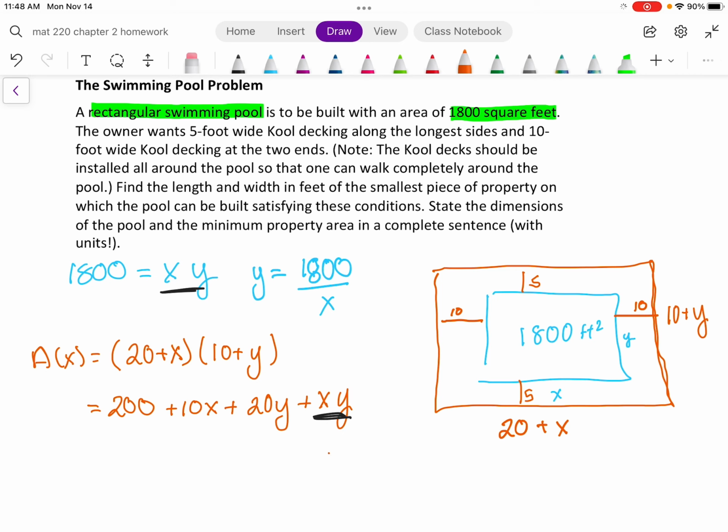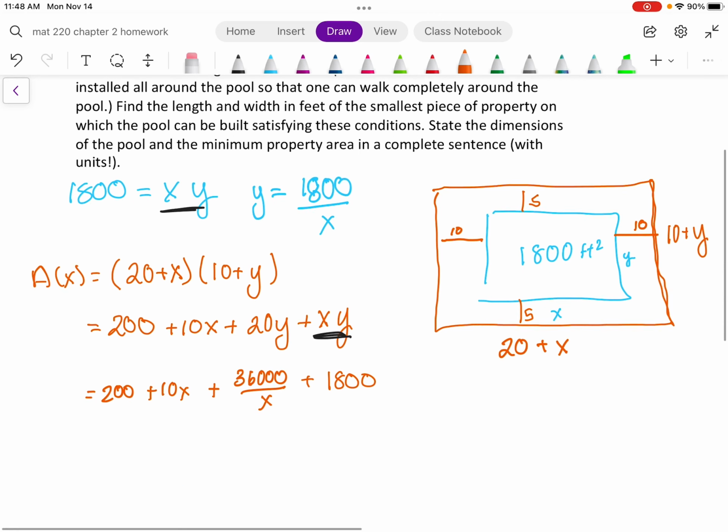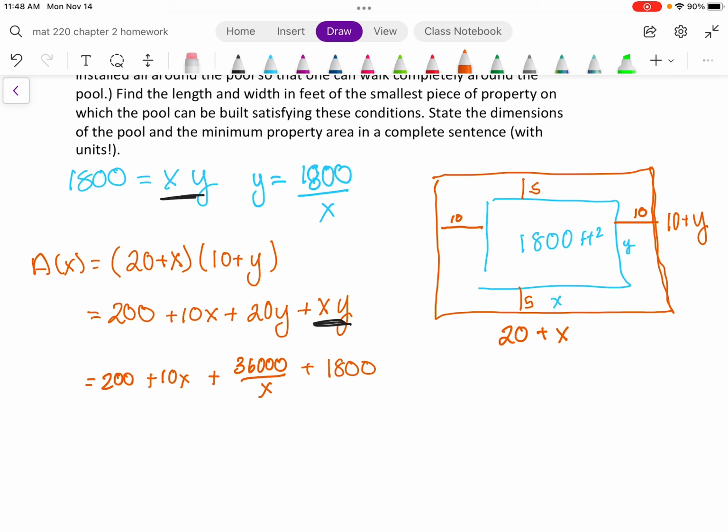And then I have y here, and I know that y is equal to 1,800 over x. 1,800 times 20 would get me 36,000 all over x. Then I have plus 10x, and I still have that plus 200. I could combine my like terms and rewrite that x to a power. So with my like terms combined, I get 2,000 plus 10x plus 36,000 x to the negative 1.